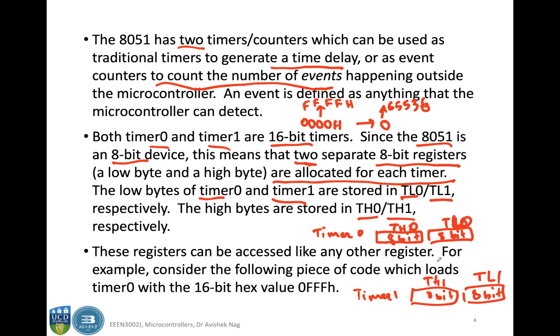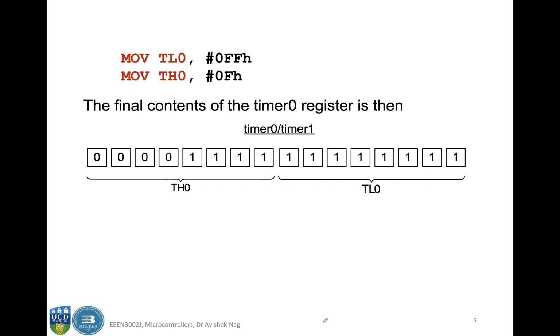Okay, so these registers can be accessed. All these registers, this one, this and this, can be accessed like any other regular register that you have come across so far. So let's consider the example here. Let's say you move this number to TL0 and this number to TH0, then the entire timer 0 will read like this. TH0 contains 0F and TL0 contains FF.